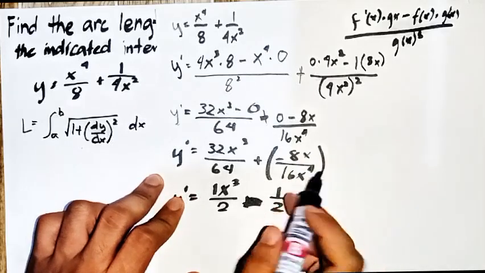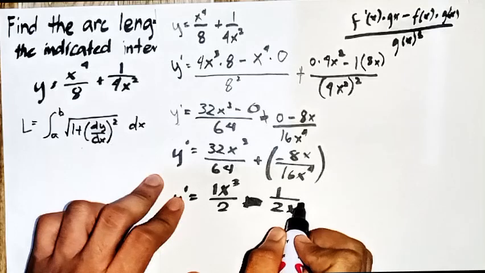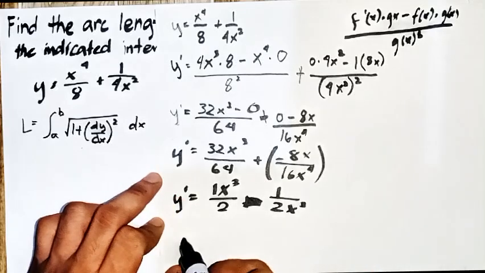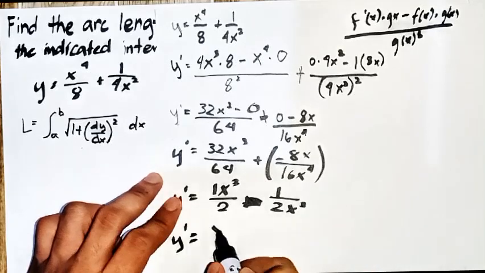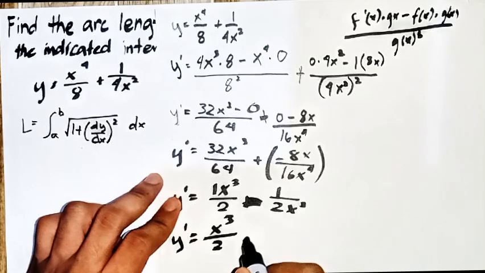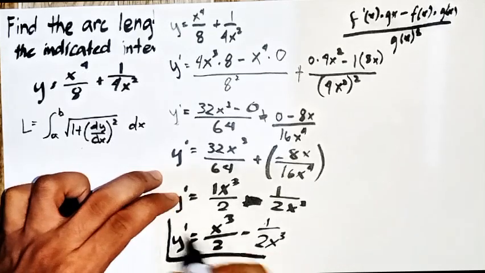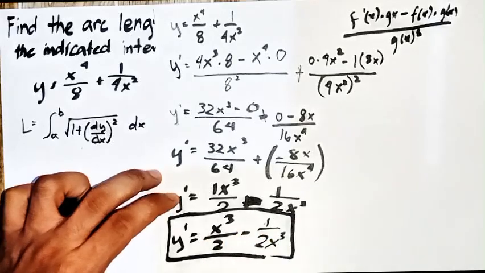So 4 minus 1, we have x cubed. Now we have x cubed over 2 minus 1 over 2x cubed. This is now the derivative of our function.